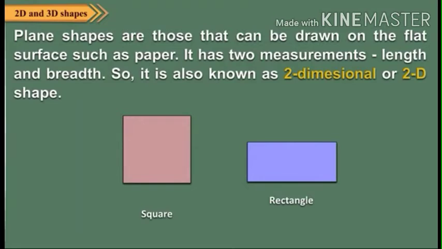Plane shapes are those that can be drawn on a flat surface such as paper. They have two measurements, length and breadth, so they are also known as two-dimensional or 2D shapes. Square. A square has four sides.